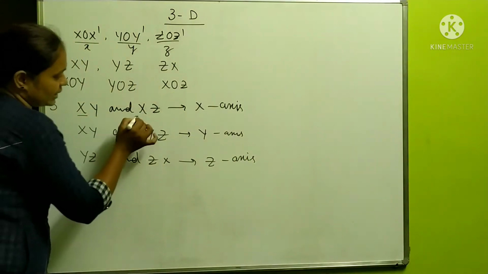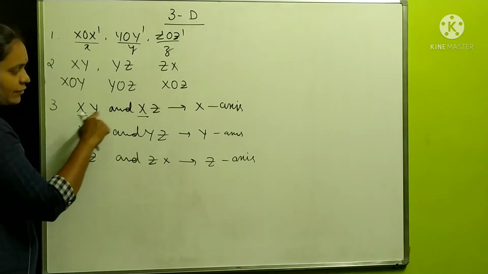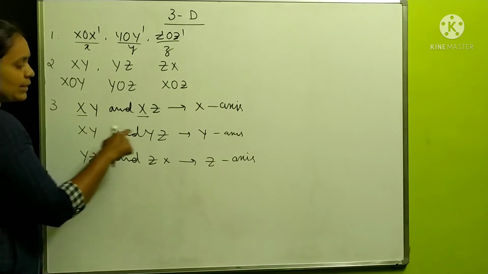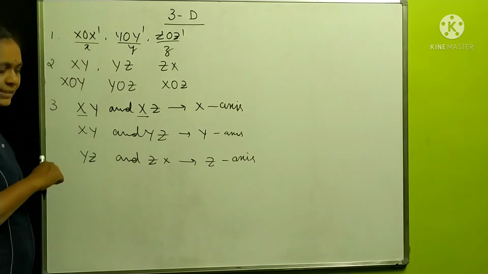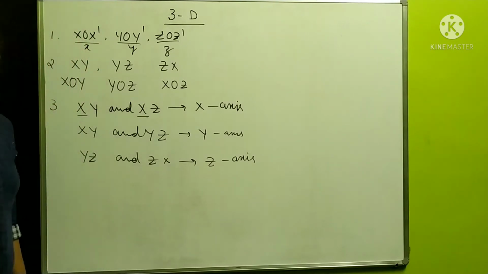So, which will be the common axis? That will be the intersection. So, XY plane and XZ plane give the X-axis, XY plane and YZ plane give the Y-axis, and YZ plane and ZX plane give the Z-axis.